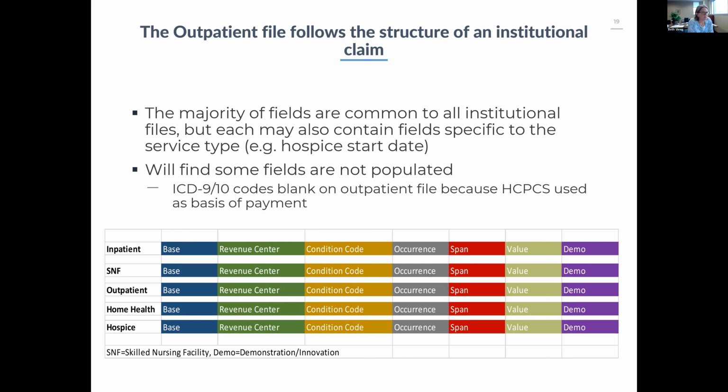There are condition codes, occurrence codes, span codes, value codes, and demonstration codes. There are some fields that are not populated in the outpatient. For example, ICD-9, 10 procedure codes are blank on the outpatient file because HCPCS or CPT codes are used as the basis of payment. So there will not be ICD-9 procedure codes, even though there are spots on the form for them.